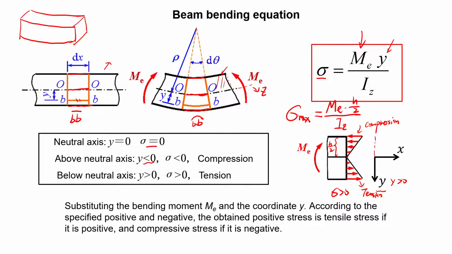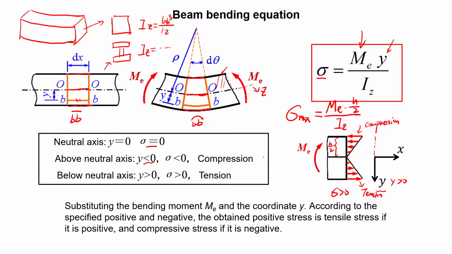For example, in this case, this is a rectangular shape, and you will have Iz given by bh cubed over 12. But sometimes you will get something like an I shape, and then you need to calculate Iz separately.